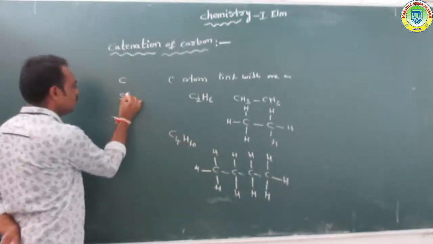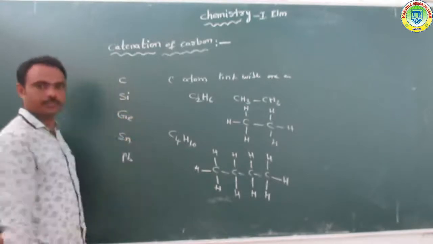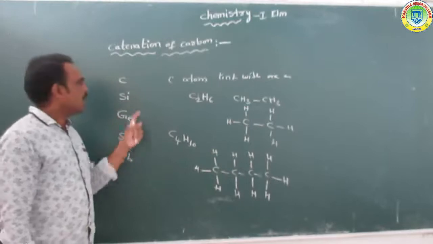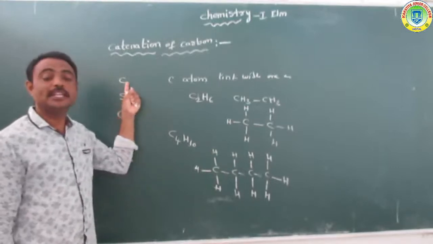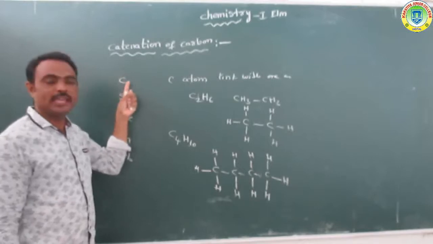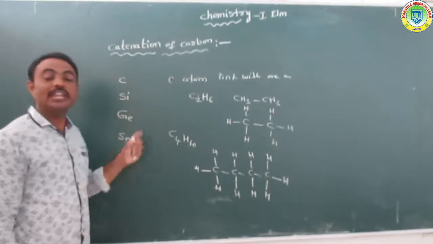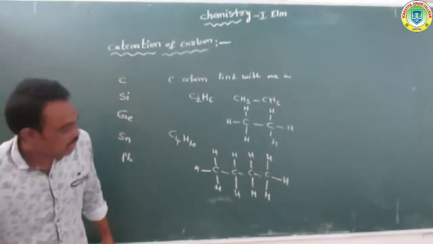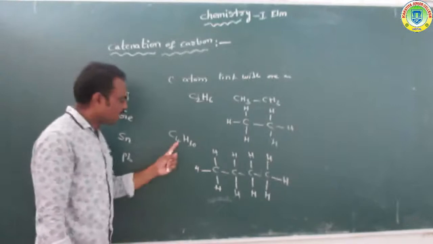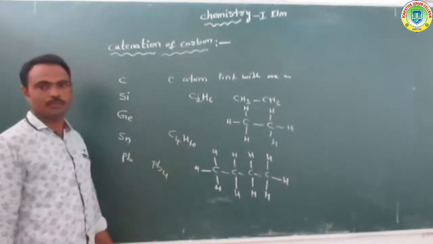But in this group, the fourth A group, we have carbon, silicon, germanium, tin, lead. In this group, carbon exhibits the catenation property very highly, but silicon, germanium, tin, lead have very low catenation property. Suppose for example, we write C4, but we do not write Pb4.